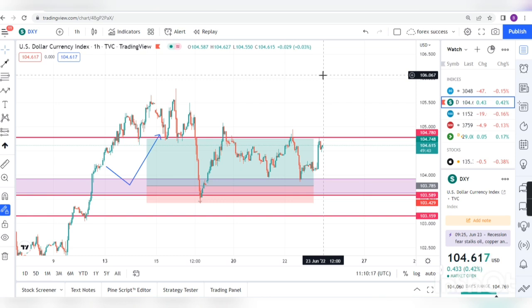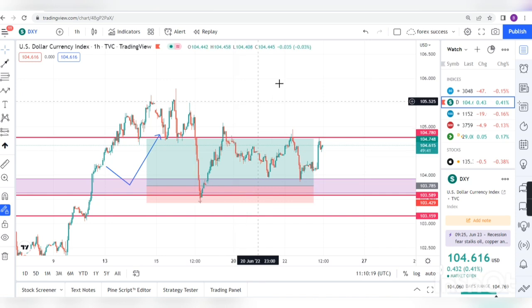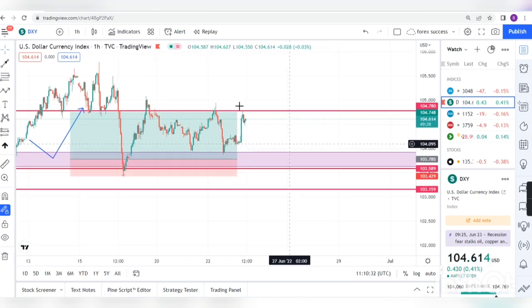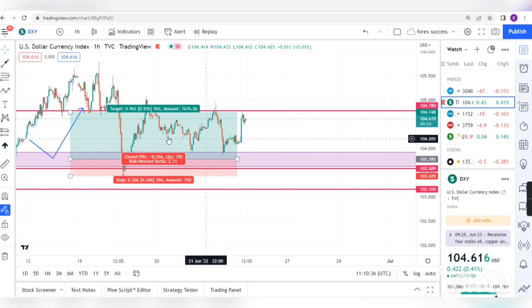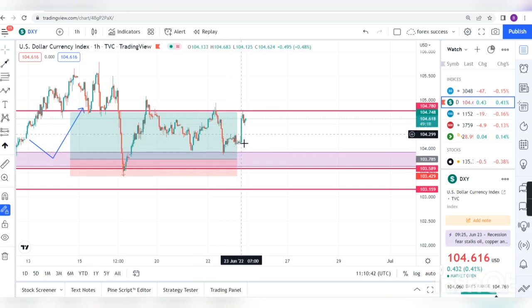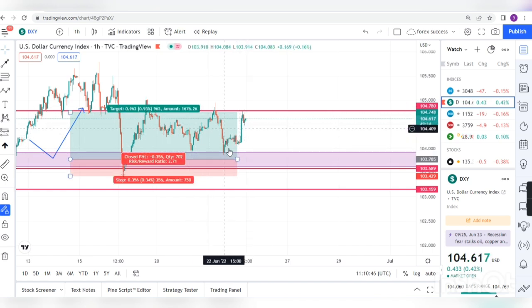That's basically how it is. If your analysis states that the US dollar index is going to go up, then you should be expecting a sell for GBP USD. For my analysis this morning on this US dollar index, the market came down to this strong support zone, and I predicted that the market is going to go back to the upside.